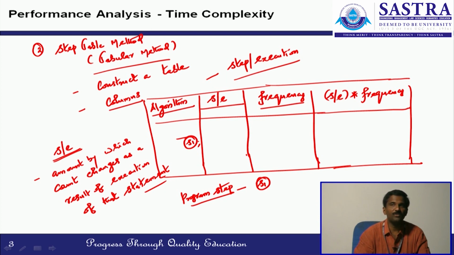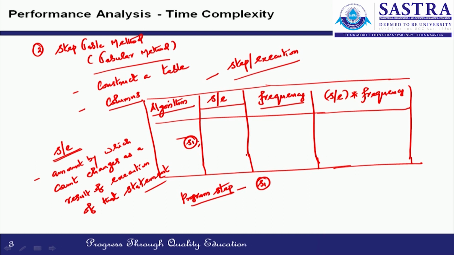Program step is syntactically or semantically a meaningful segment of the program that has an execution time that is independent of the problem instance characteristics. So, when S1 gets executed, we need to associate the corresponding count, how much the variable count will get incremented. So, the amount by which count changes as the result of execution of that statement S1.